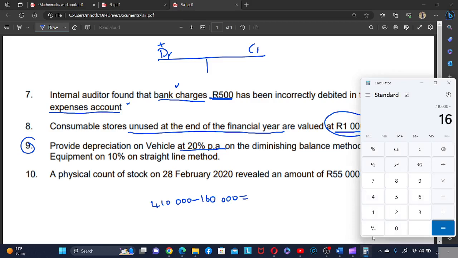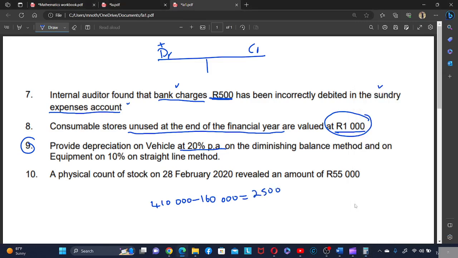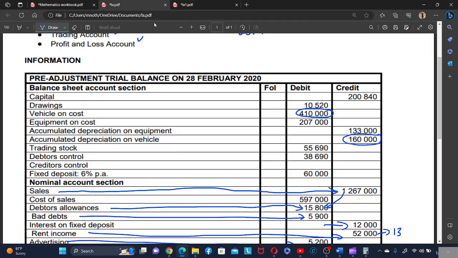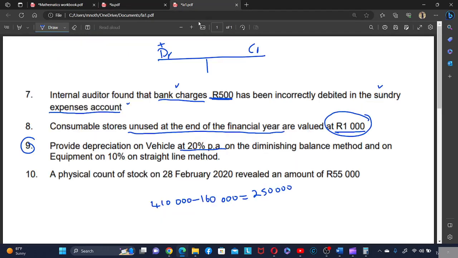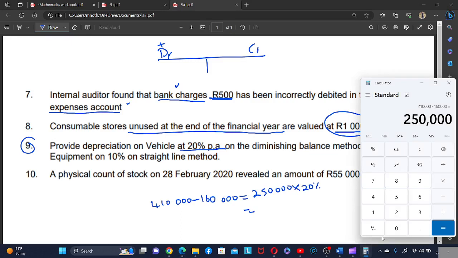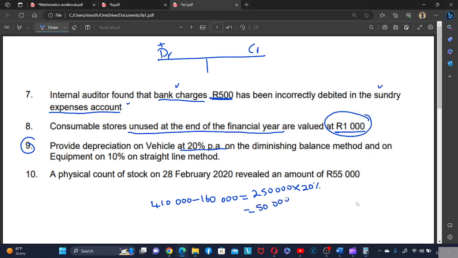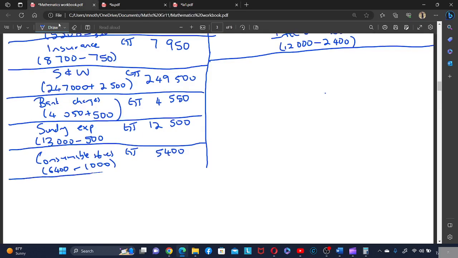That is 250,000. Now we have to multiply this by 20%. So 250,000 times 20% is going to be 50,000. So the depreciation for the vehicles is 50,000.